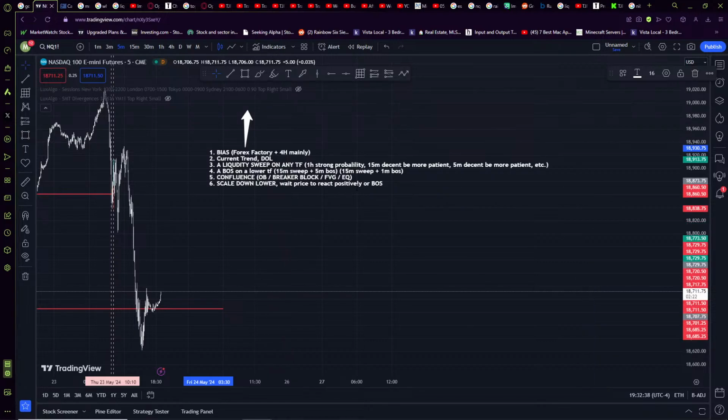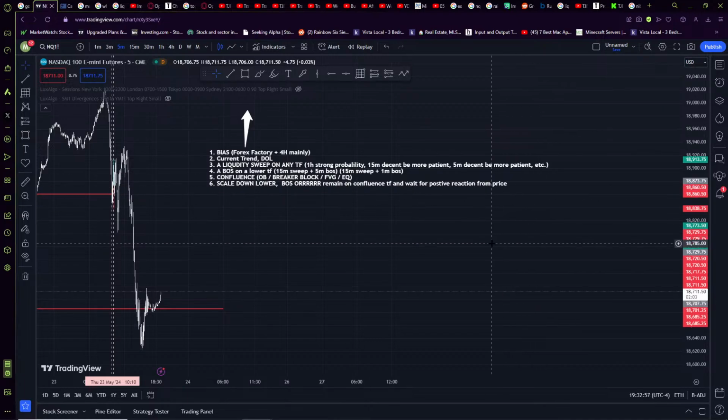And if we're reacting positively, we sit there. So let me just scale down lower, break of structure, or we stay on the confluence time frame and wait for a positive reaction from price. And that's it. That's the trade.